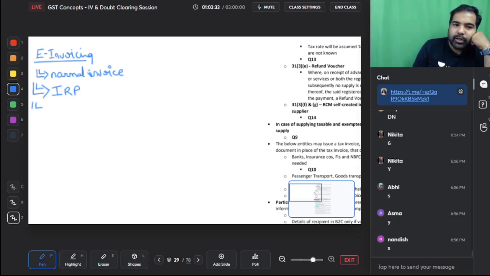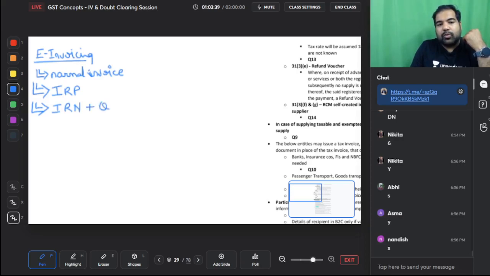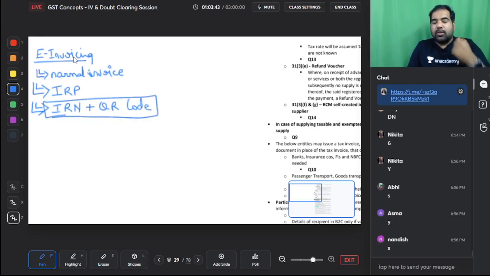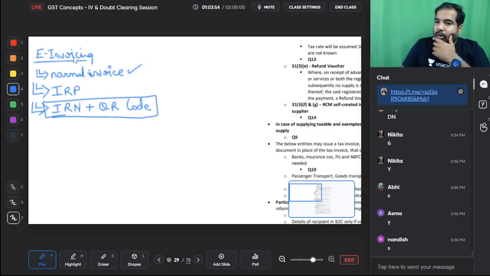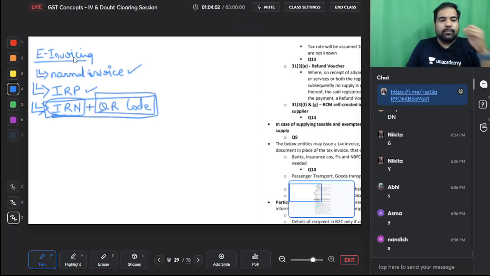You have to upload the invoice details and then you will get an invoice registration number along with a QR code. And this is your e-invoice, which you can then send on WhatsApp, email, etc. No physical requirement is there.